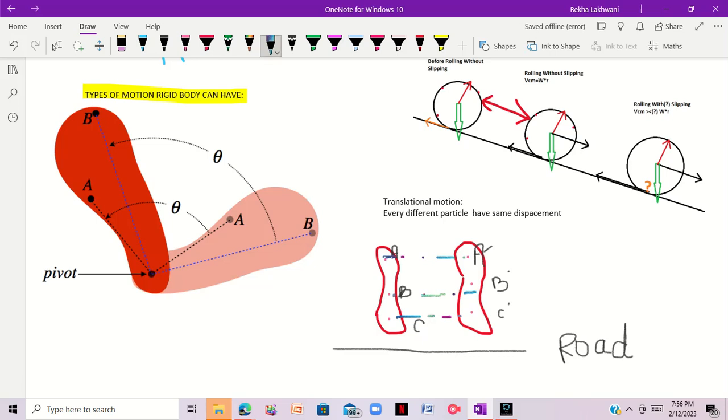If we join these lines, okay, my line is not like this, but both are parallel to each other. I know my drawing is not very good, but these two lines are parallel to each other, right? So these three points A, B, and C, and A dash, B dash, and C dash, have all covered the same displacement.